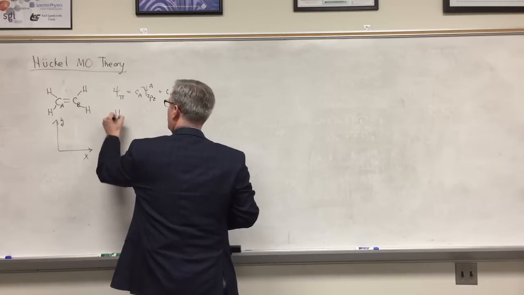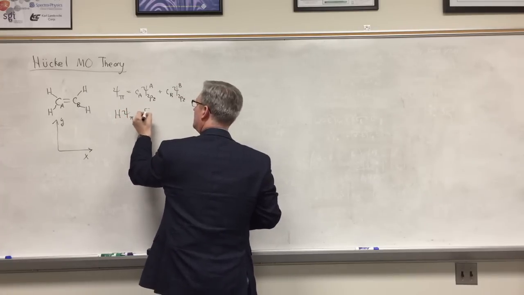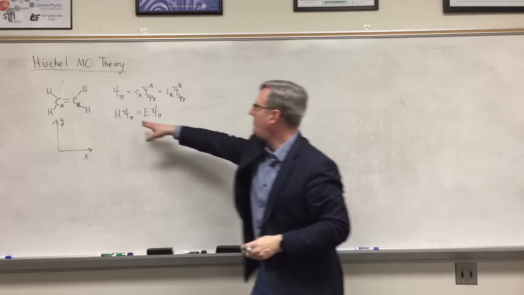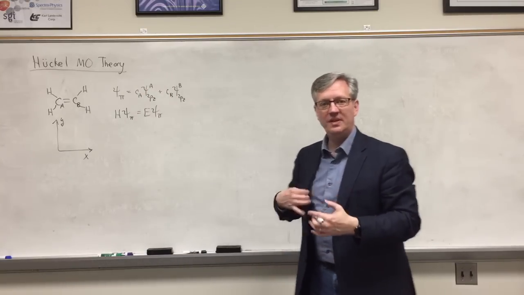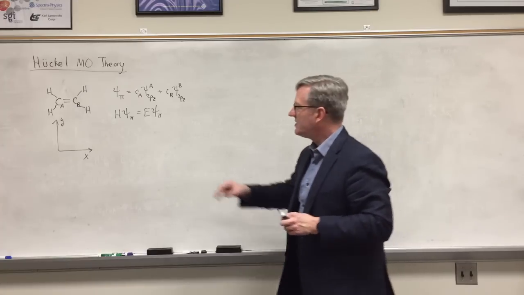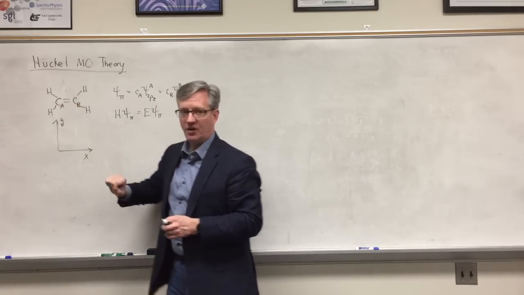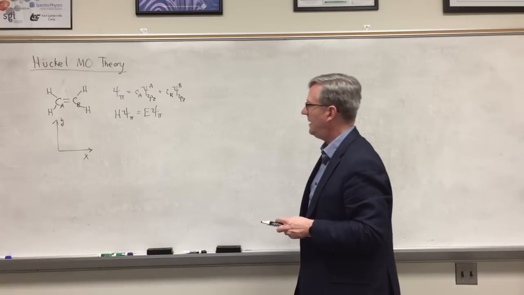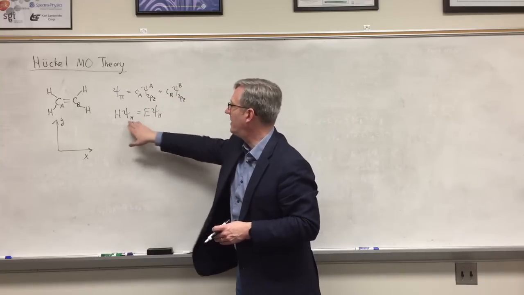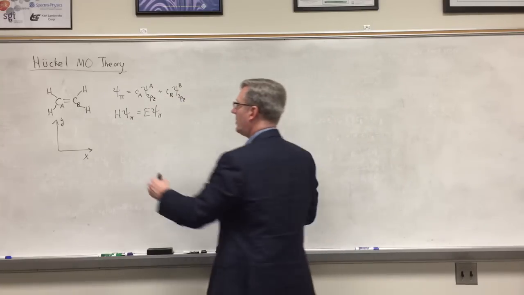If I write down a Schrodinger equation for this, H psi pi is equal to E psi pi. That gets me started. And again, psi pi is just this linear combination of two pz orbitals on carbons A and B. Focusing again, this is only a Hamiltonian appropriate for those two pi-type electrons, one from each of carbon atoms A and B. Now I'm going to insert the form of this wave function on both the left and the right and expand. So what do I find?